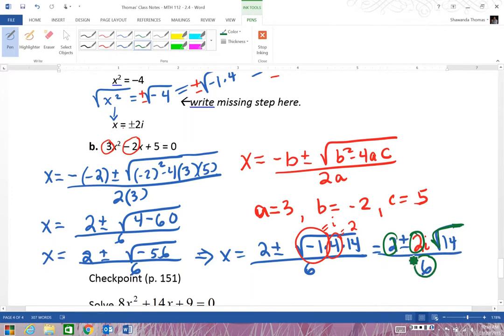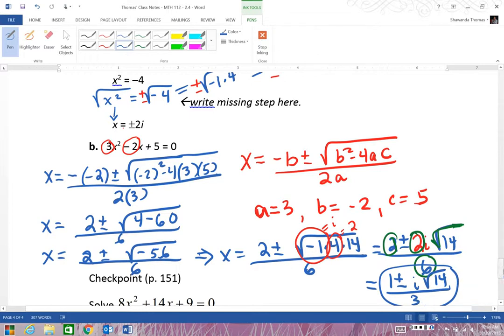So, 2 can go into all of these numbers. 2 goes in 2 one time. 2 goes in that 2 one time. 1 times i is still i. Square root of 14. 2 goes into 6 3 times. So the answer is 1 plus or minus i times the square root of 14 over 3.